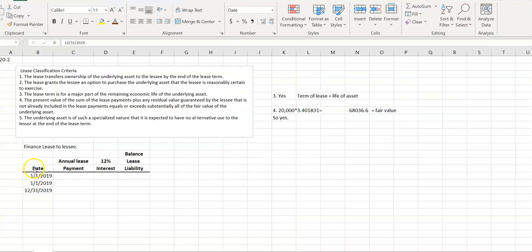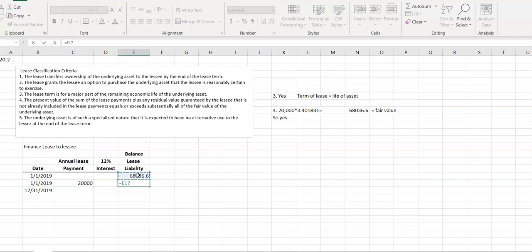Okay, so I have it set up. So we have the date, the annual lease payment, the interest, and the balance on the lease liability. So the lease liability starts out at the $68,036.60, and then our first payment is $20,000, and we take it directly off. All right, and then I calculate my interest at December 31st. It's my balance times the 12%.